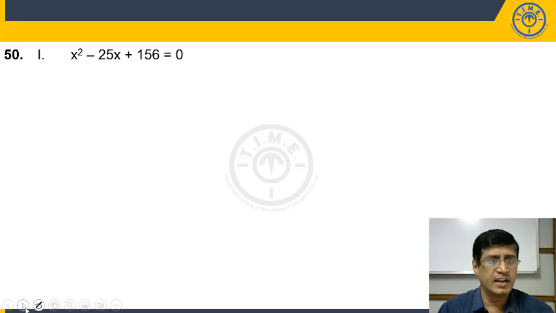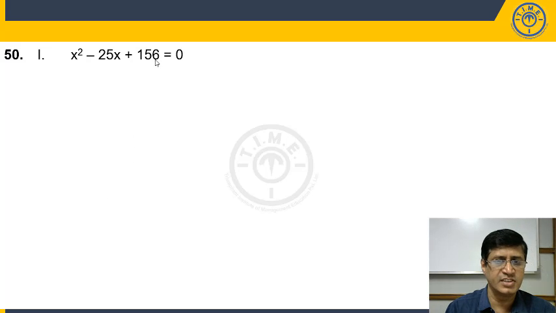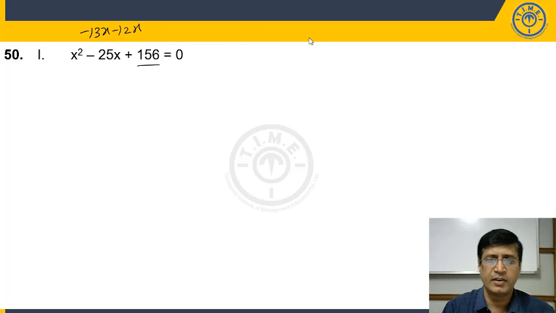Now look at the next example on your screen. x square plus 25x plus 156 is equal to 0. Now 156 has factors 13 and 12 whose sum is equal to the middle term. So what is the middle term? 25. The roots of the first quadratic equation are 13 and 12.